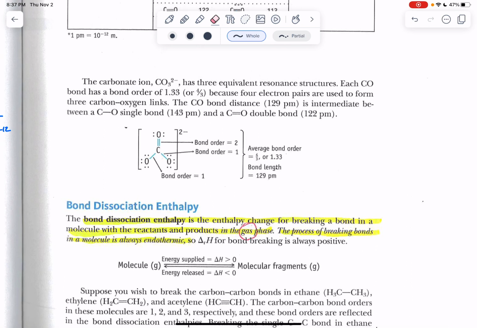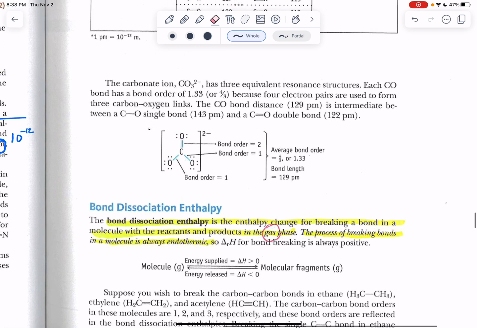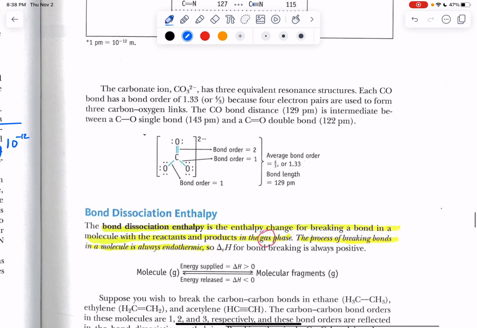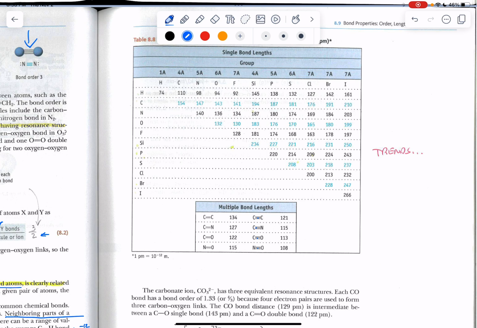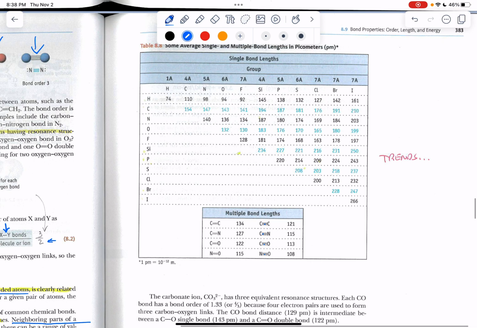When we look at the carbonate ion, they're talking about a bond length here between the carbon and a double bonded oxygen, or is it a carbon and a single oxygen? So let's come up and look at carbon oxygen. A single carbon oxygen is a 143, if you come down from oxygen and over from carbon.